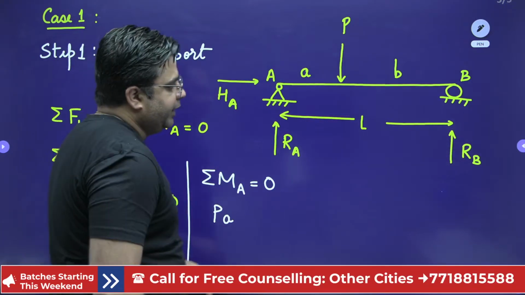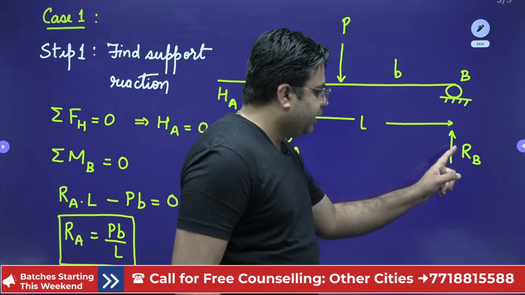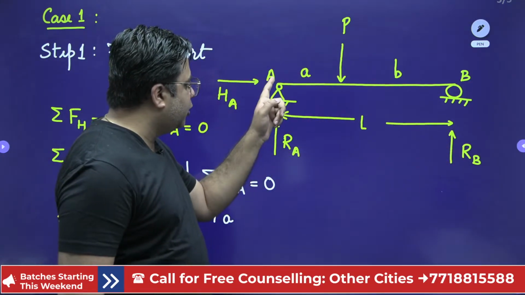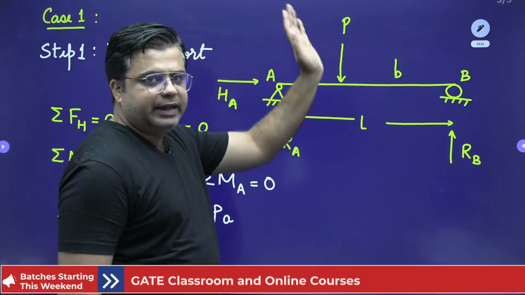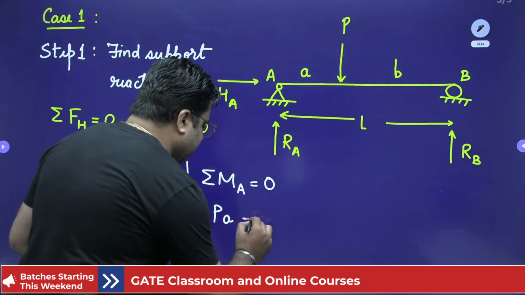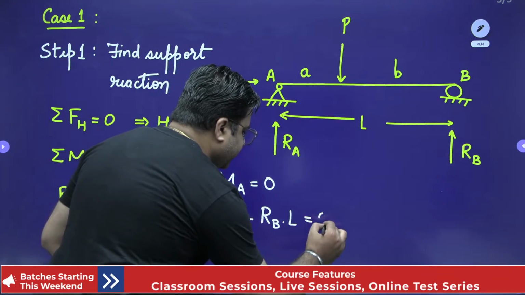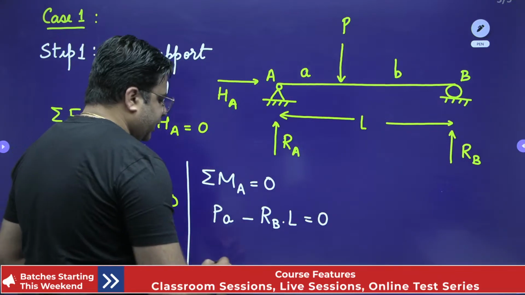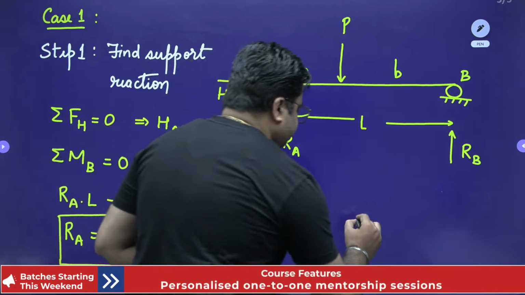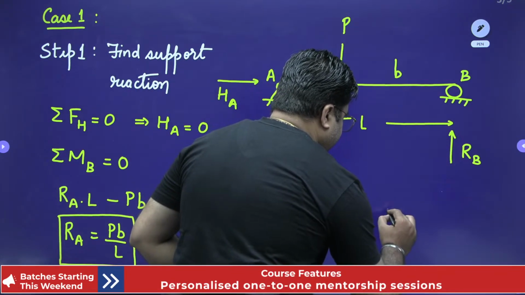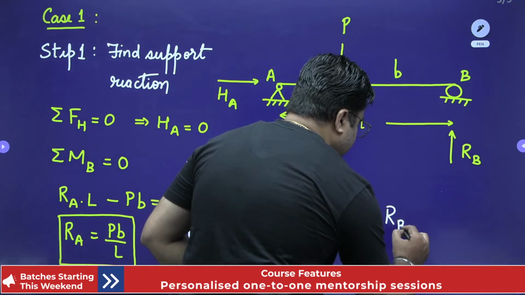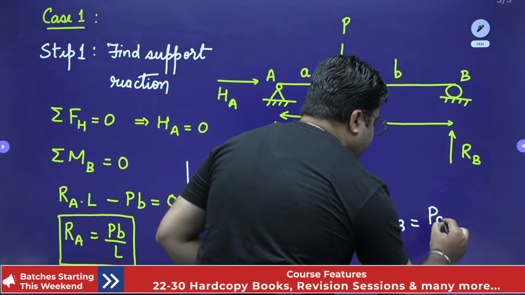The next moment will be due to RB, and RB into L will be an anti-clockwise moment. So P into A minus RB into L is equal to 0. From here the value of RB comes out to be PA by L.